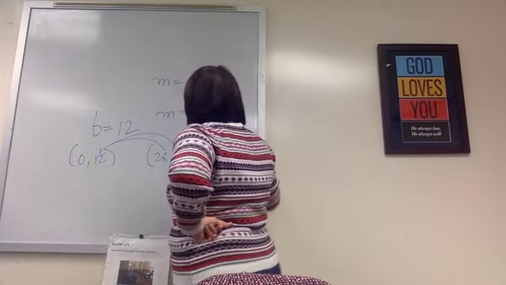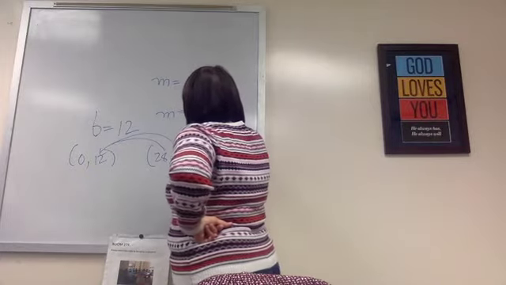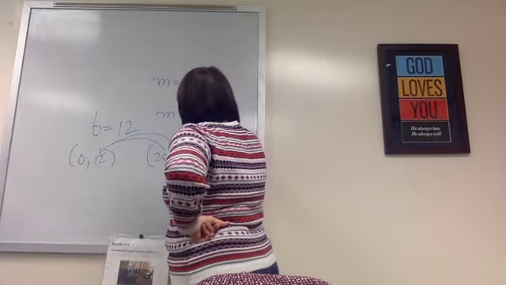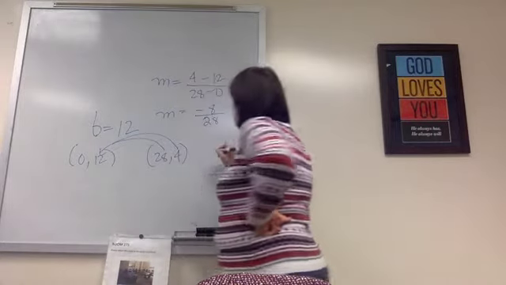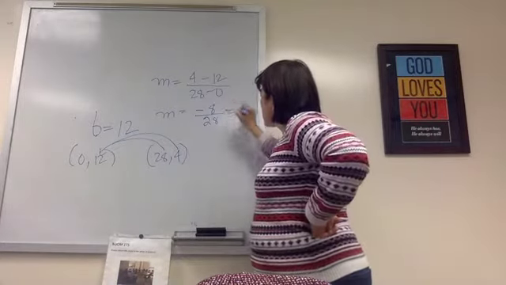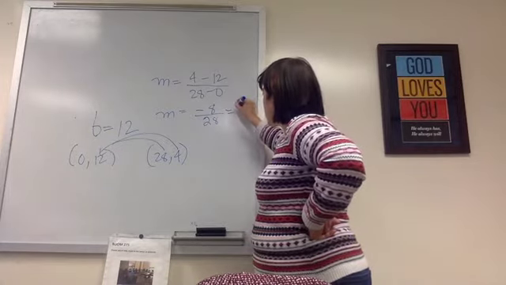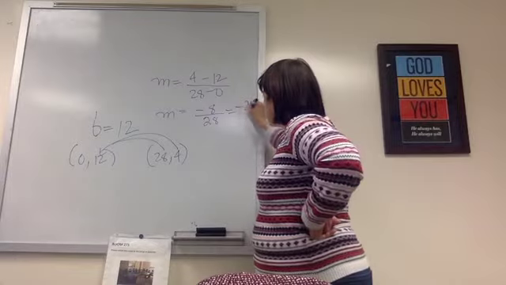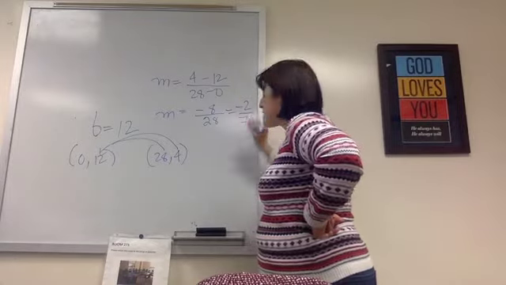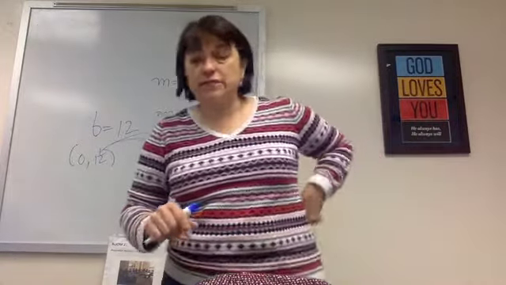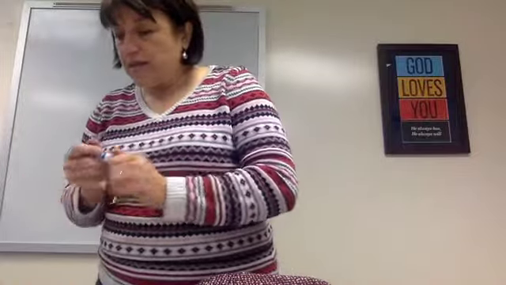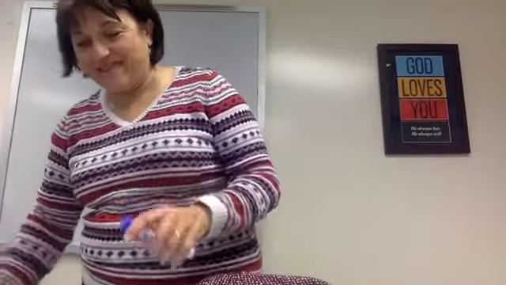What's 4 minus 12? Negative 8, and 28 minus 0 is 28. Can I reduce this? Yeah, I can reduce it by 4, right? So what do I end up with? Negative 2/7. Is our slope, in fact, negative? Yes, because it's landing. It's going down, right?